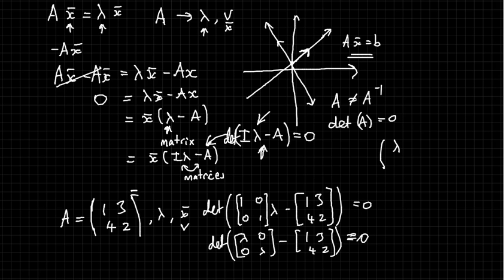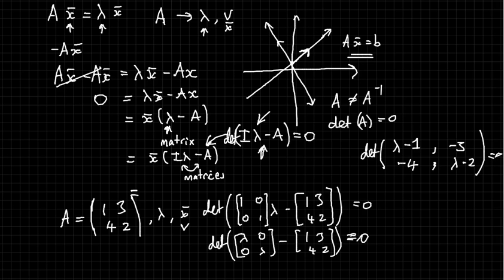So let's multiply that out. We've got [lambda, 0; 0, lambda] minus [1, 3; 4, 2], and the determinant of that is equal to 0. Alright, so let's subtract these two matrices from each other. We don't know lambda at the moment, so we'll just leave it as it is. So it's lambda minus 1, that's the first entry.